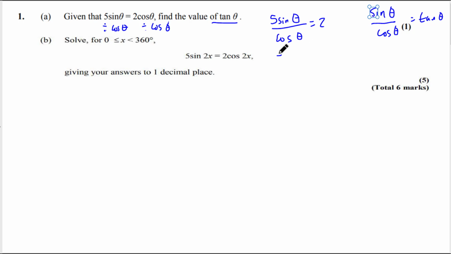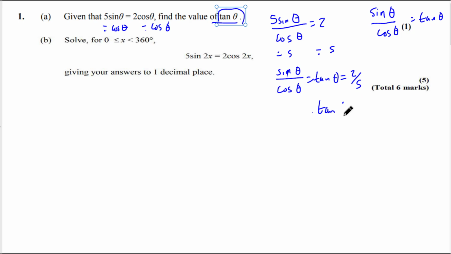Then hopefully you know to divide by 5 so that we get sine theta over cos theta, which we know equals tan theta now, and that's going to equal 2 over 5. Now the question is asking just to find the value of tan theta, so we don't need to solve for theta yet. So our final answer is tan theta equals 2 over 5.